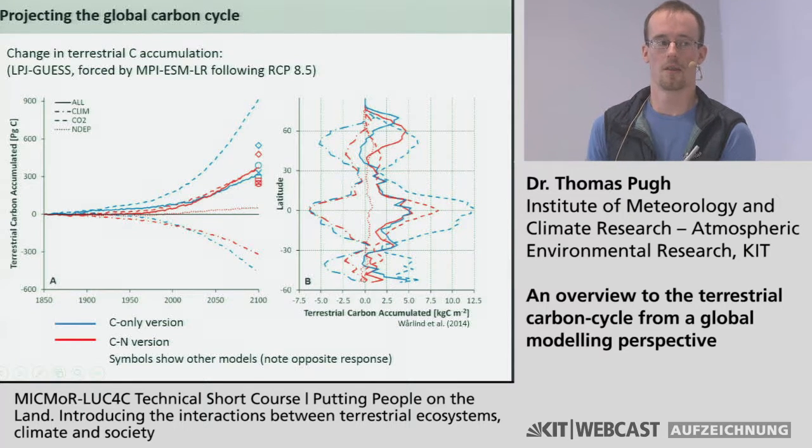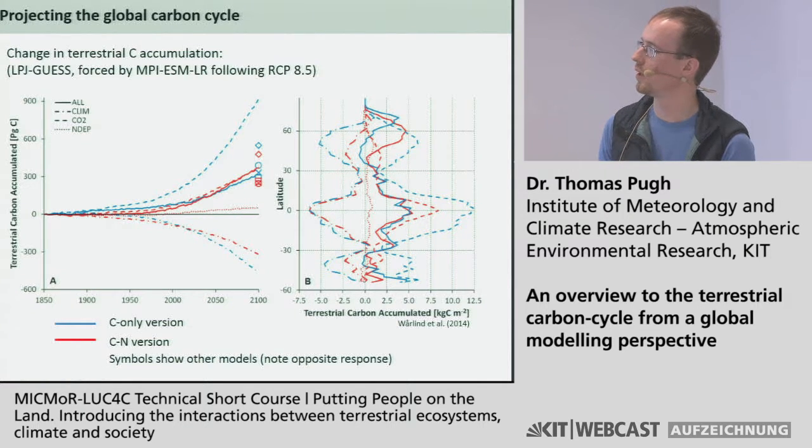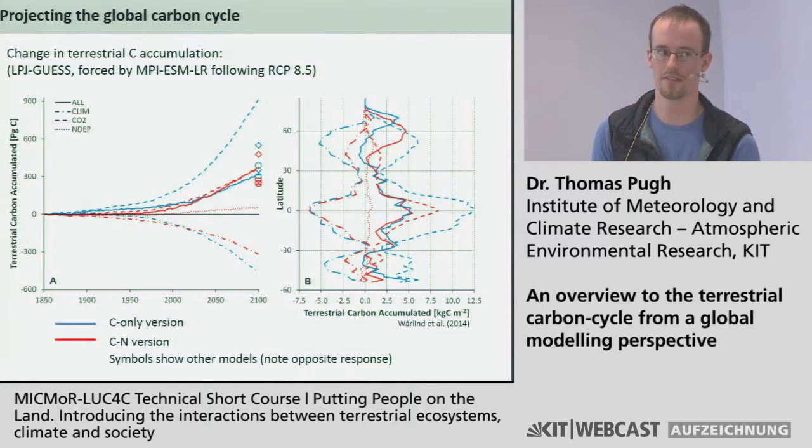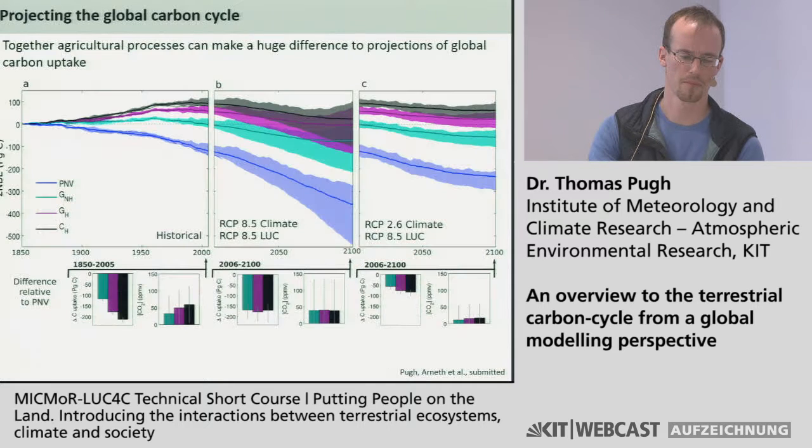This is basically an outcome of the Farquhar model, which shows that if you have higher temperature, then the CO2 fertilization effect is more effective. So in process terms, this makes sense. Unfortunately, we don't really yet have the measurements to see if this is really happening in reality, although they're in the process of being made at the moment.